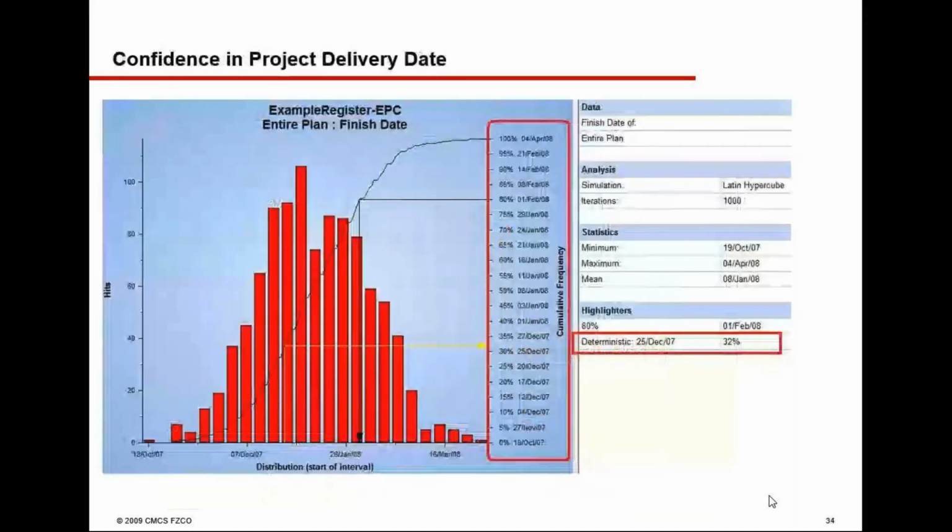This will help you in identifying the 80% chance, 50% chance, 100% chance of completing the project on so and so date after applying the risk into the activities.